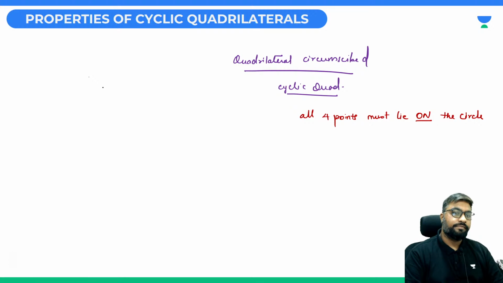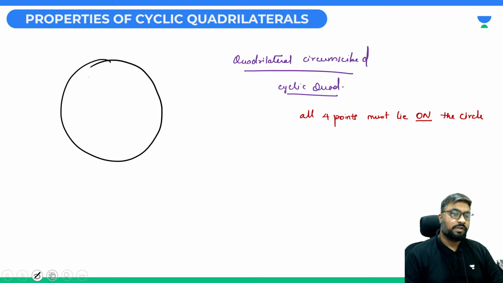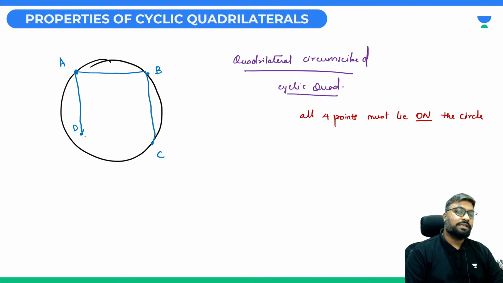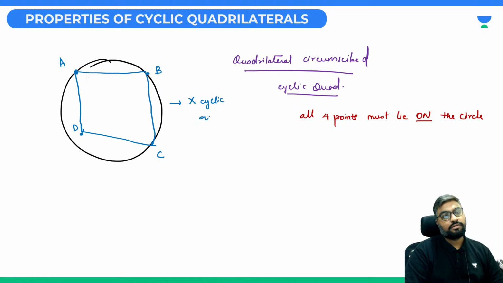For example, if I have a circle, if I have 4 points like this, let's say A, B, C, and if D is here, then this is not a cyclic quadrilateral. Getting this? This is just a regular quadrilateral. This is some random quadrilateral. This won't be a cyclic quadrilateral because D is not on the circle. Okay, this is not a cyclic quadrilateral. Got it?